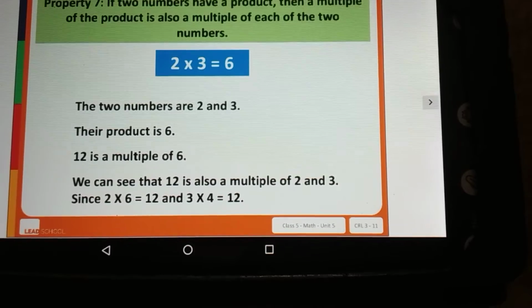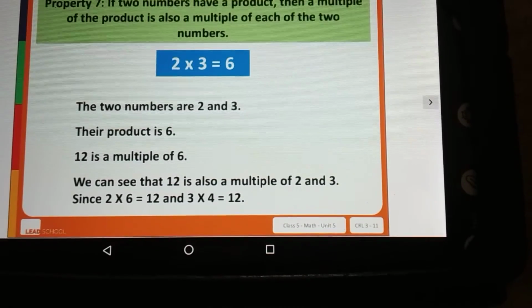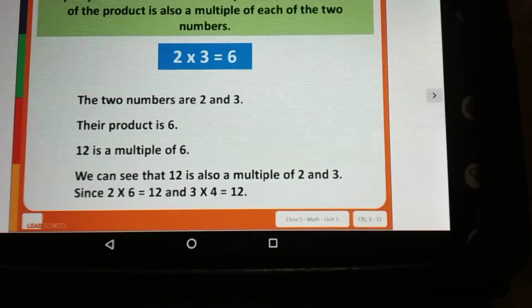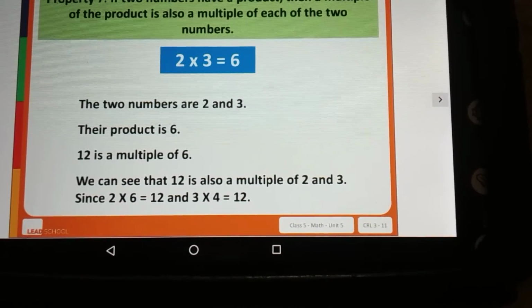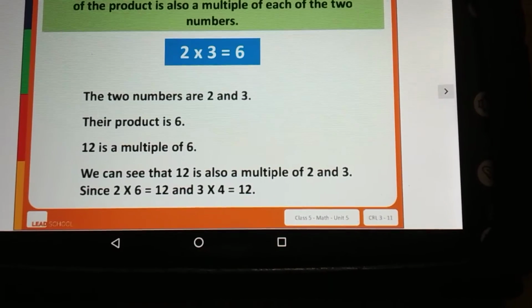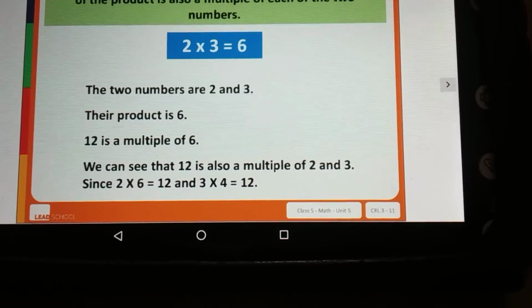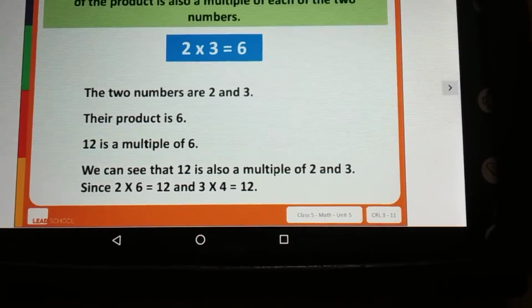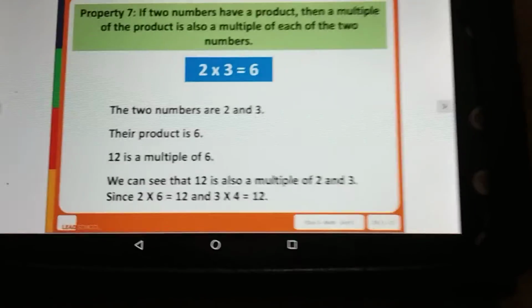The two numbers are 2 and 3. Their product is 6. 12 is a multiple of 6. We can see that 12 is also a multiple of 2 and 3, since 2 6s are 12 and 3 4s are 12. Got it?